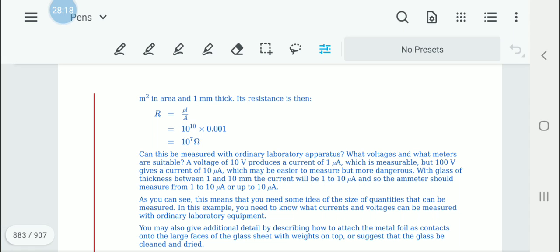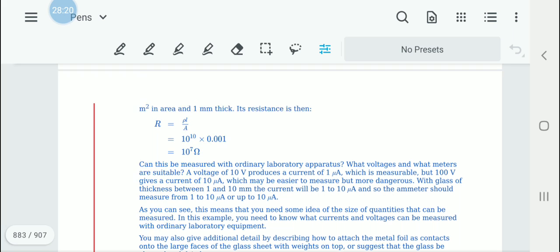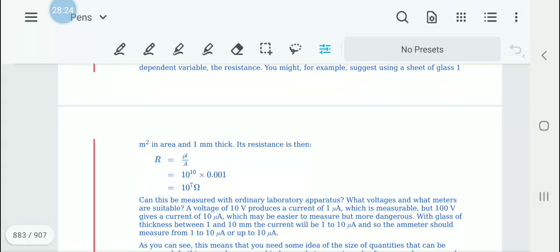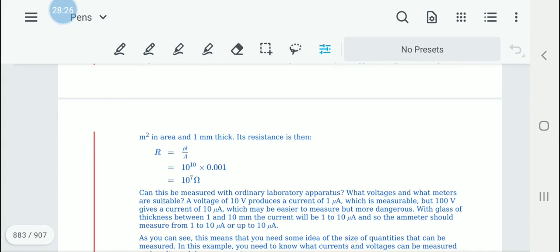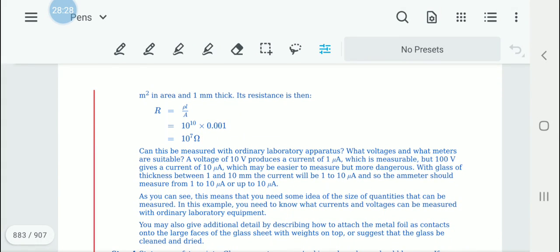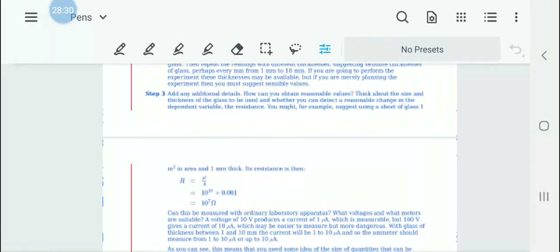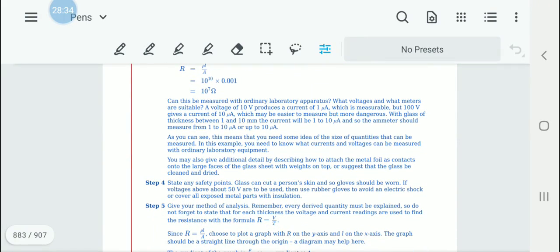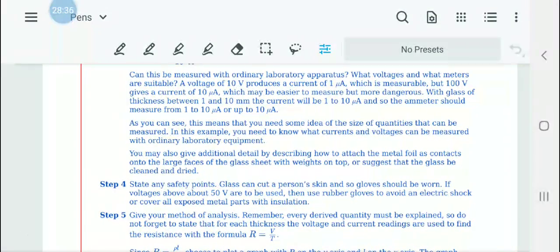Now in this one, the glass is 1 meter squared in area and 1 millimeter thick, right? So that is going to give you 10 to the power 7 ohms. So we have to use 10 volts, producing a current of 1 microampere.